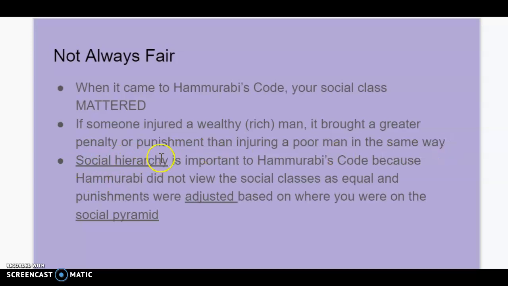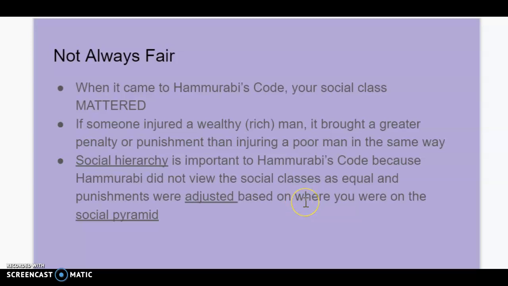So the social hierarchy is really important to Hammurabi's code because Hammurabi did not view the social classes on that pyramid as equal. And this means that punishments were adjusted based on where you were on that social pyramid.